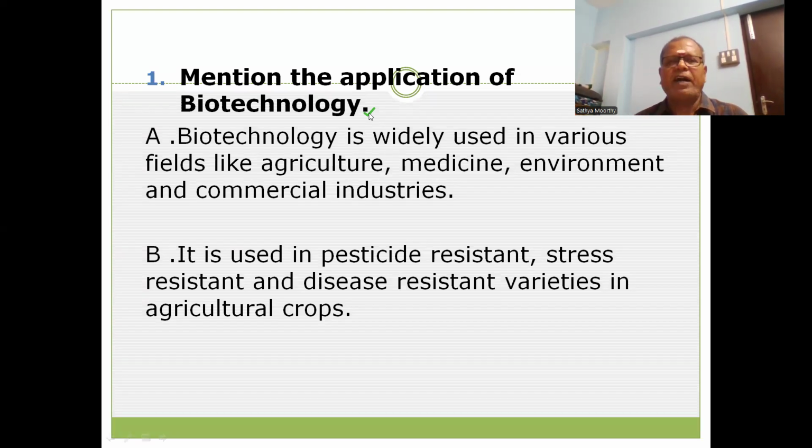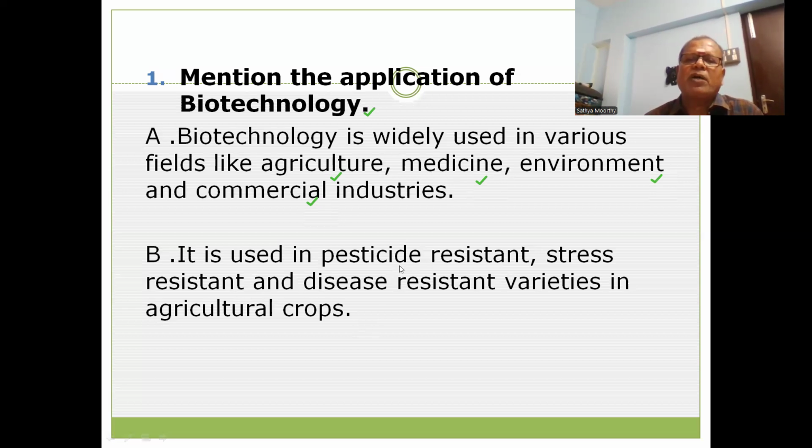I'd like to give a brief idea regarding this now. Biotechnology is widely used in various fields like agriculture. We get more yield using biotechnology. Medicine, we are genetically manipulating the organism to get medicine, hormones, enzymes, vitamins like that. Environment, phytoremediation to clear the environment pollution, and commercial industries for alcohol and other chemical production.